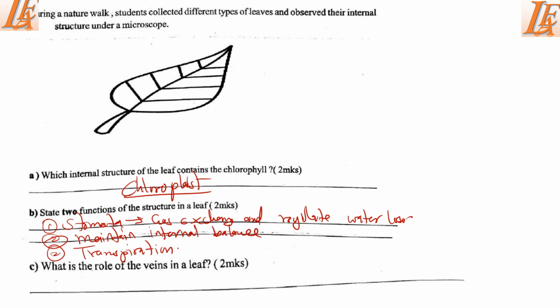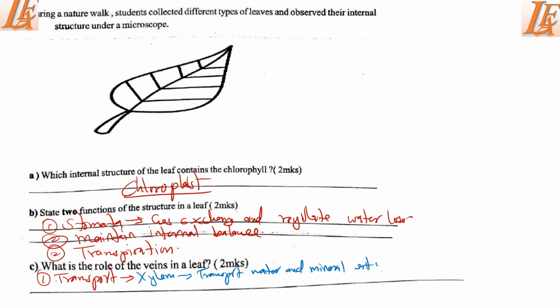Then another question is, what is the role of veins in a leaf? One role of veins is transport, and in this case they transport in two ways. We have xylem tissues, and these xylem tissues are used to transport water and mineral salts.